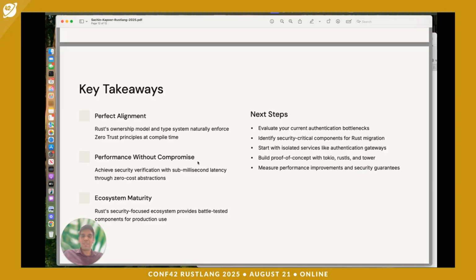And third, the ecosystem continues to mature when it comes to security-focused implementation, and there are a lot of open source contributions in this space. I would highly encourage all of you to evaluate your current stack for bottlenecks related to authentication performance, secure communication performance, and also vulnerabilities in those stacks, and evaluate Rust for those needs. I'm sure you'll not be disappointed.